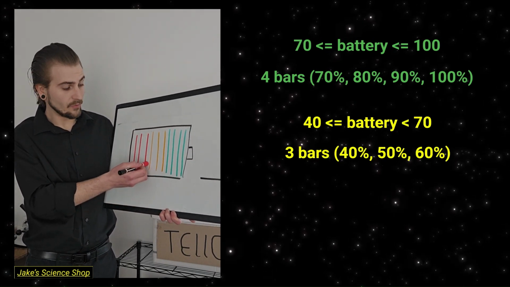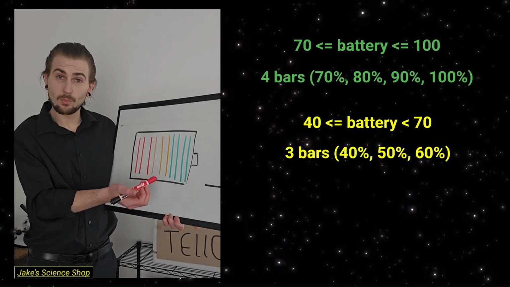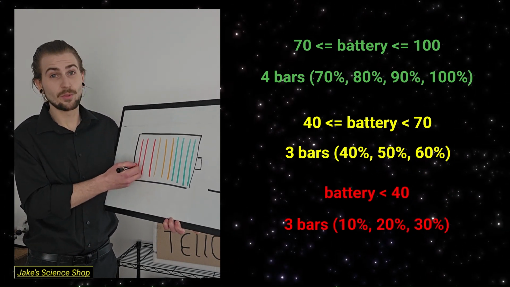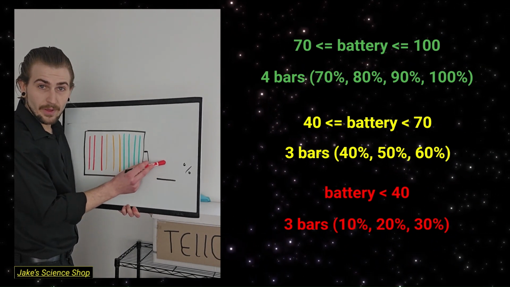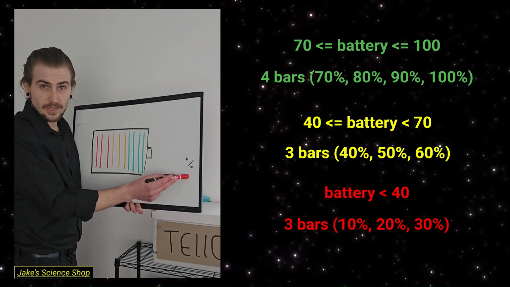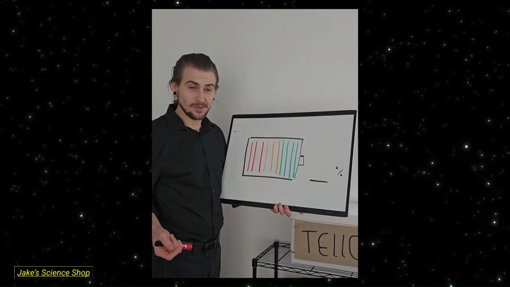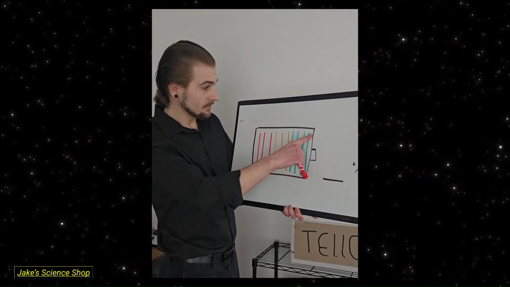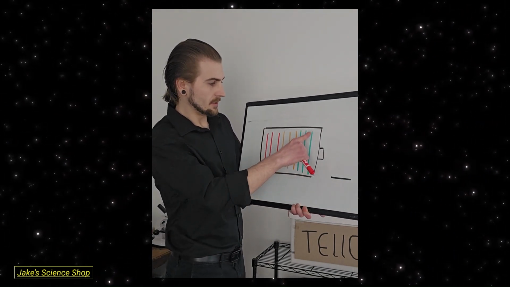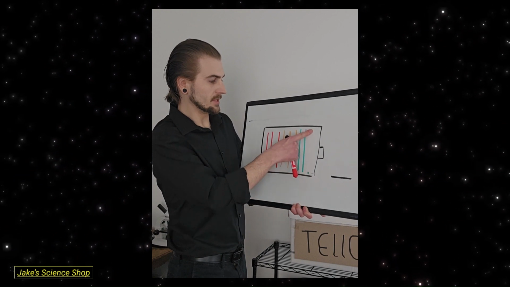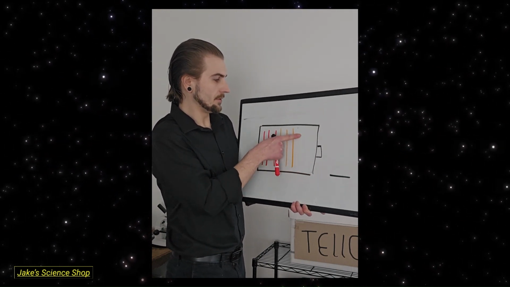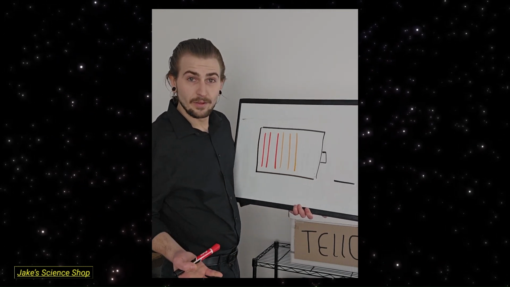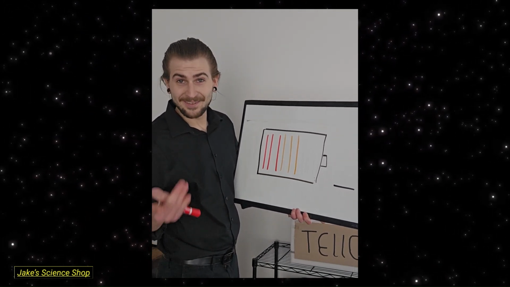Then between 40 and 60%, yellow bars. And lastly, 0 and 30% red bars. And then we'll put the actual read value here, followed by a little percent sign. Nice. So let's say the bars start going away. Our battery level's decreasing. Uh-oh, we reached under 70% battery life. That's how it's gonna look, guaranteed.